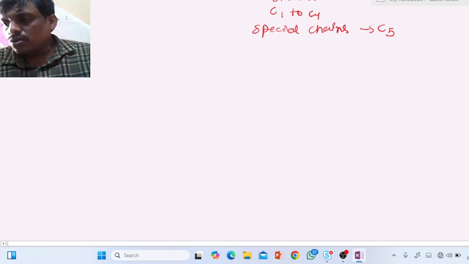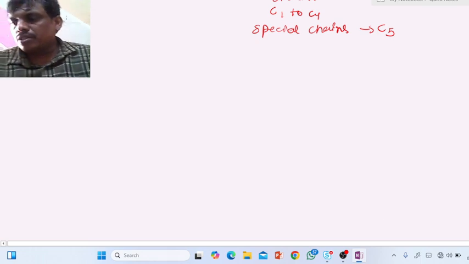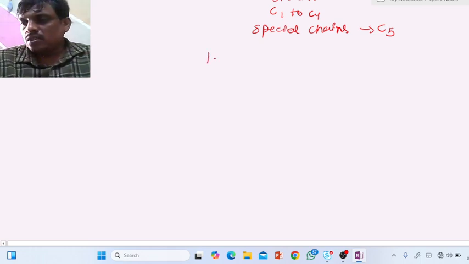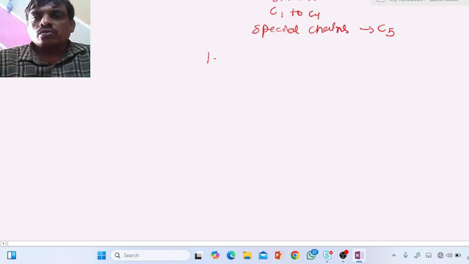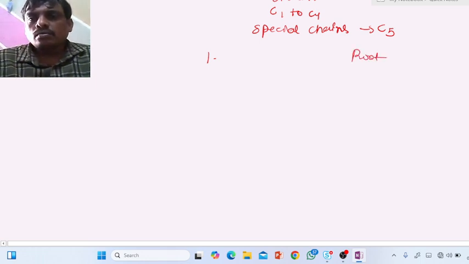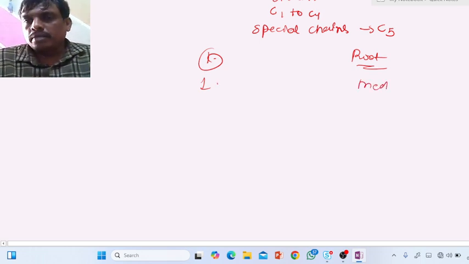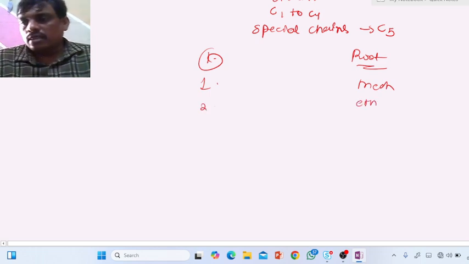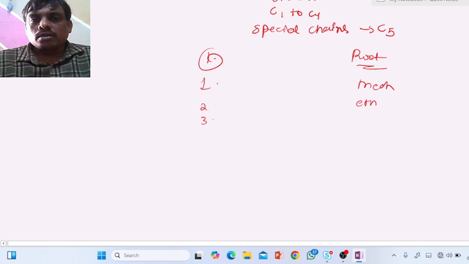If you take the number of carbon atoms in the longest chain, the root word we have to mention depends on it. Let us take it, one carbon is there: meth. Two carbons: eth. Three carbons: prop.